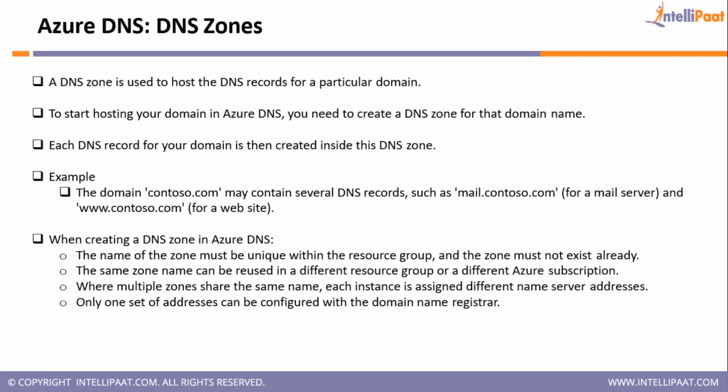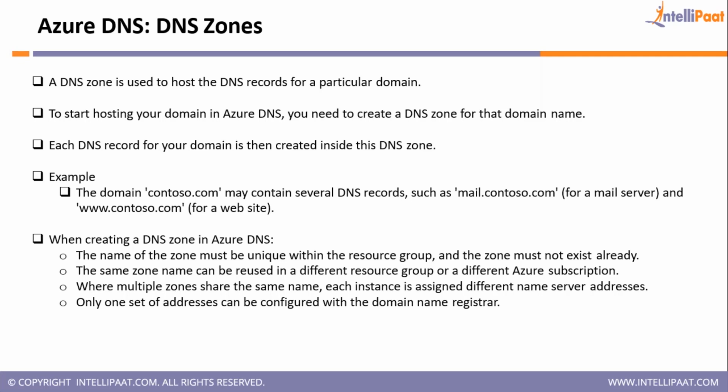An example is the domain contoso.com, which may contain several DNS records, such as mail.contoso.com for a mail server and www.contoso.com for a website. This is very simple, but this is how it gets implemented in Azure.